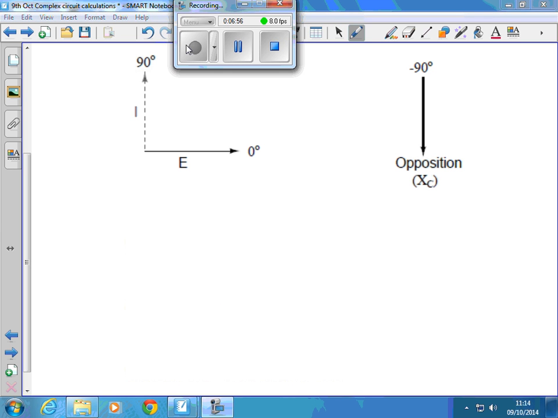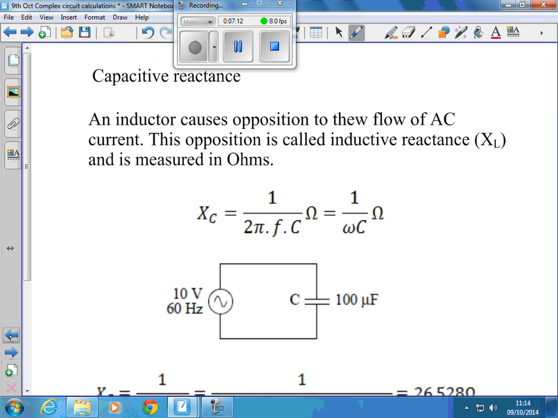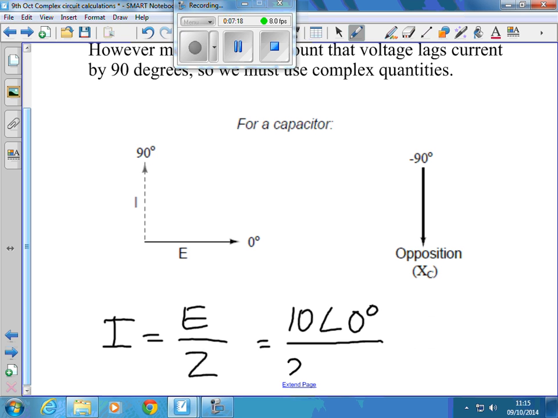So in complex terms, I is E over Z. In this case, that's 10 angle 0 degrees divided by 26.5 angle minus 90 degrees.